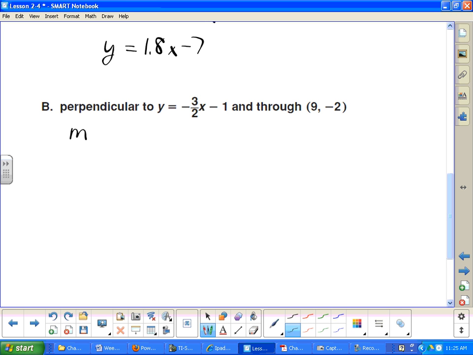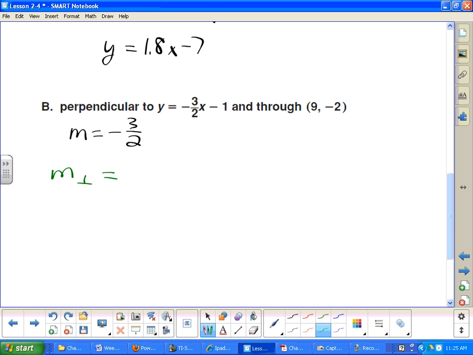So the slope of this line is negative 3/2. So the slope of my perpendicular line, okay, all right, we use this little symbol here for perpendicular. So if you want to do that, you can. Okay. So what's the slope of the line that's perpendicular to it?